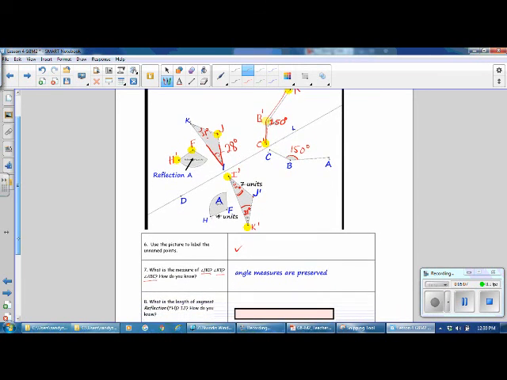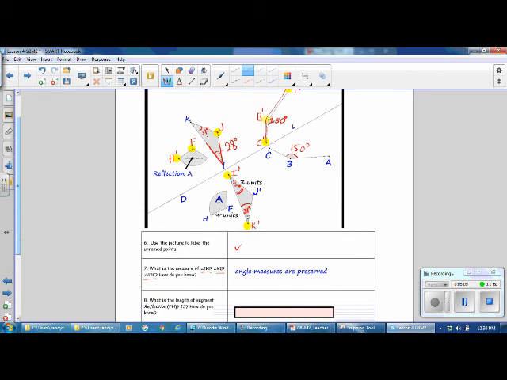What is the length of segment reflection FH and IJ, and how do you know? So FH, let's change to green. FH is right over here, and that is 4 units, and the reflection would be over here, and it will also be 4 units. Then IJ, find IJ.